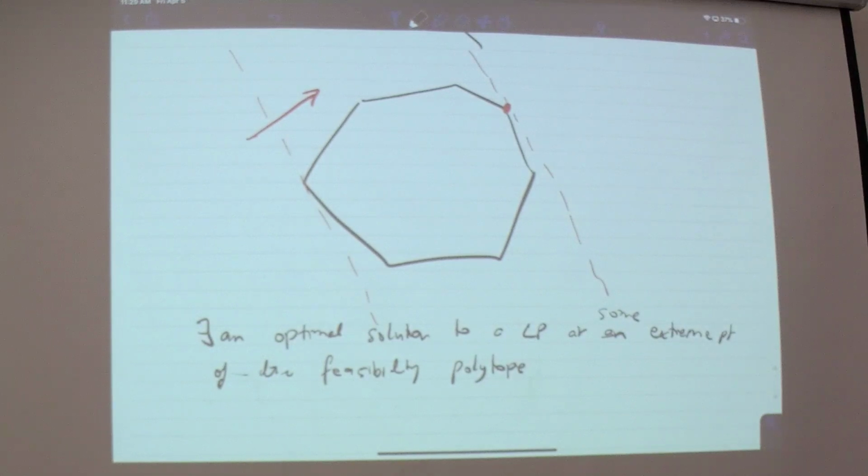Okay? So I didn't say all optimal solutions because that's not true. I didn't say all extreme points are good. But if you're looking for optimal solutions, it is sufficient to look among the extreme points. One of them is going to give you what you want.